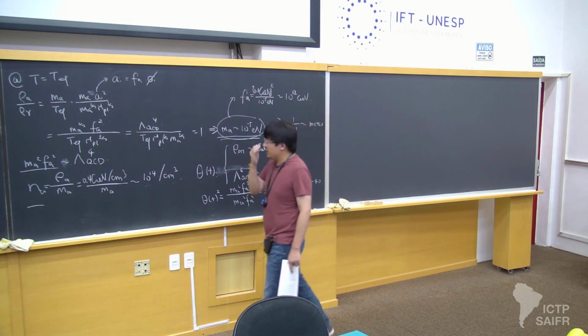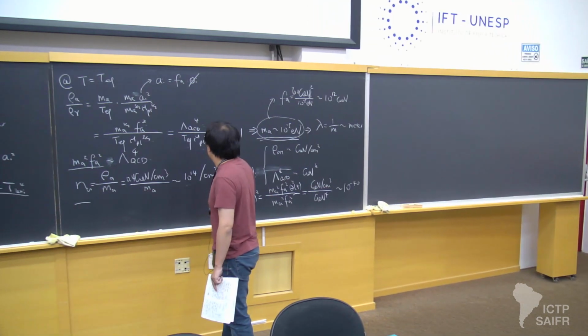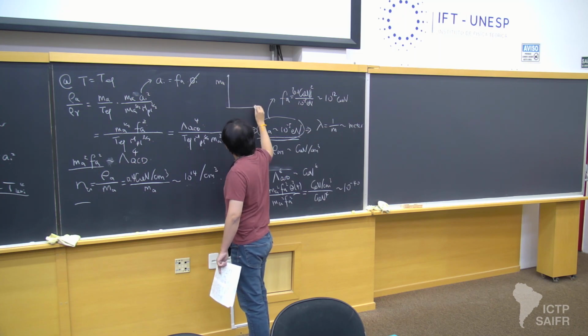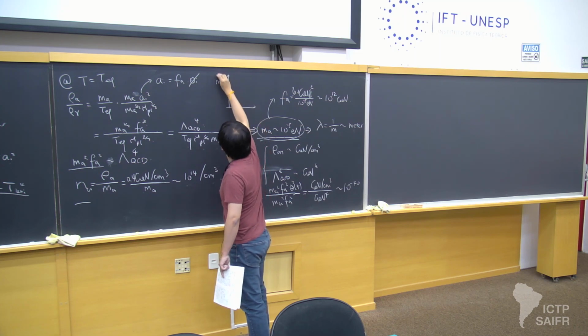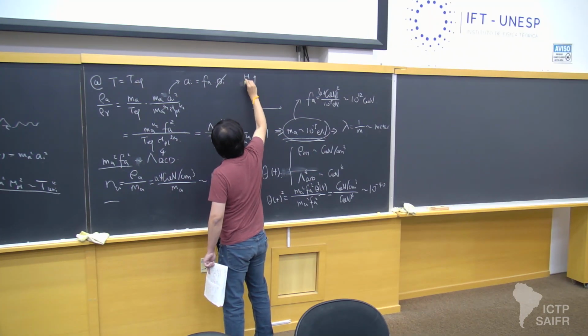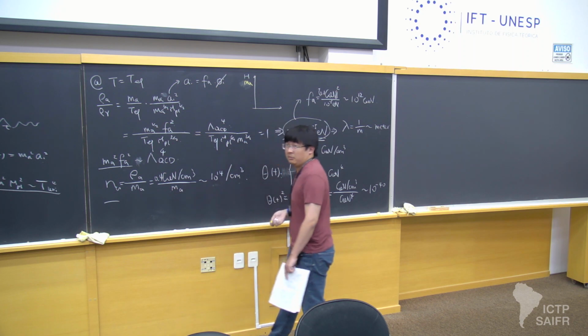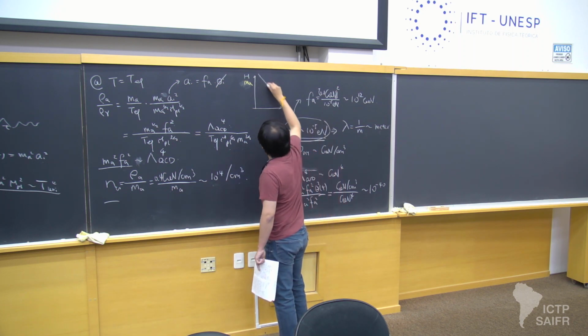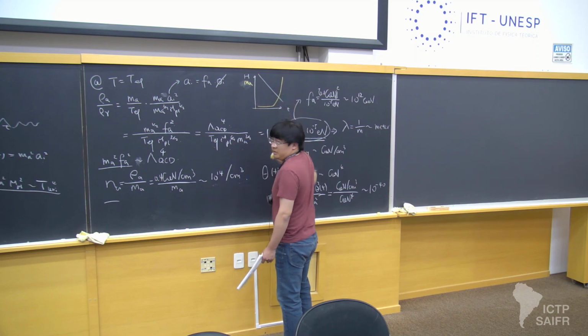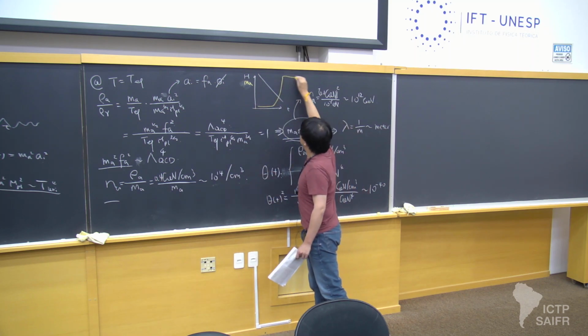So in reality, what happens is the mass of the axion, compared to Hubble, so I'm plotting Hubble in white and using yellow for m_a. My Hubble is decreasing as a function of time, and m_a is increasing like this and becomes a constant.